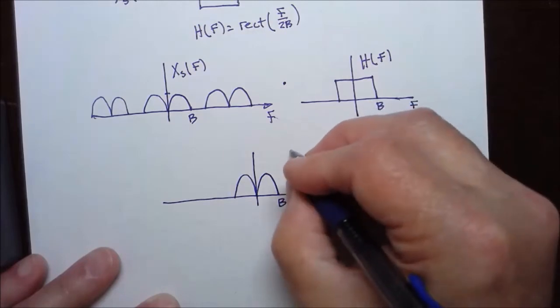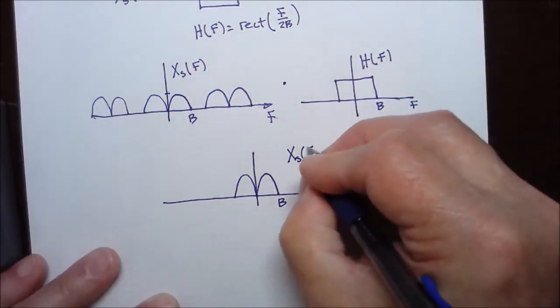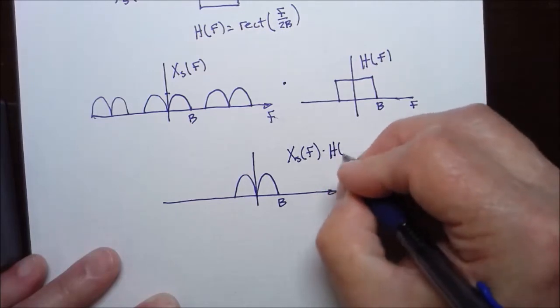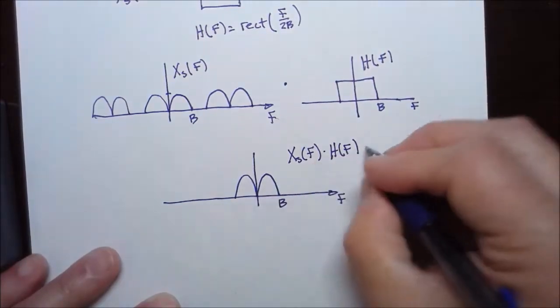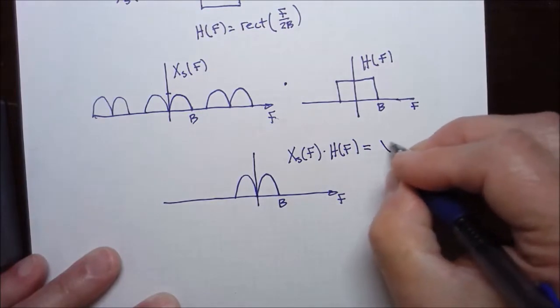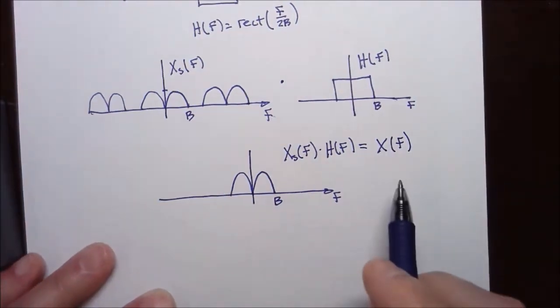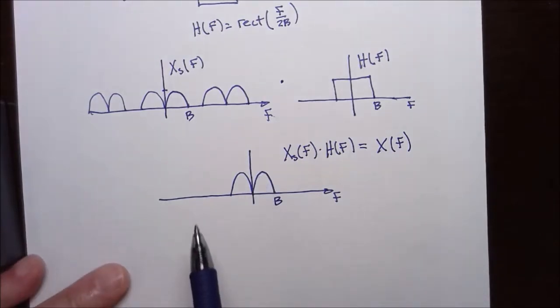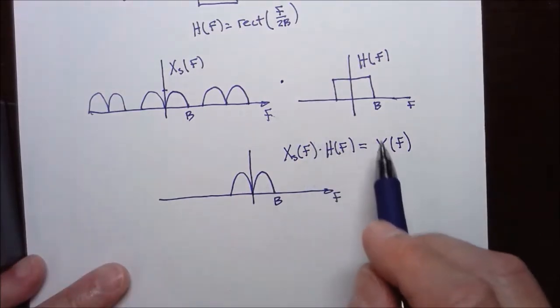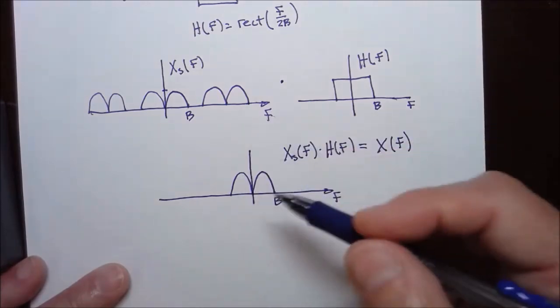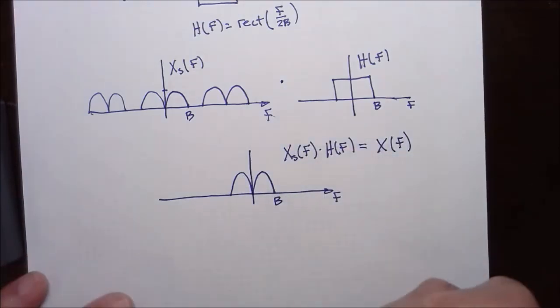So this is X sampled spectrum multiplied by this ideal low pass filter, and it's exactly equal to the spectrum of the original signal, apart from any scale factors. I'm neglecting any scale factors, but we can easily account for scale by amplifying.